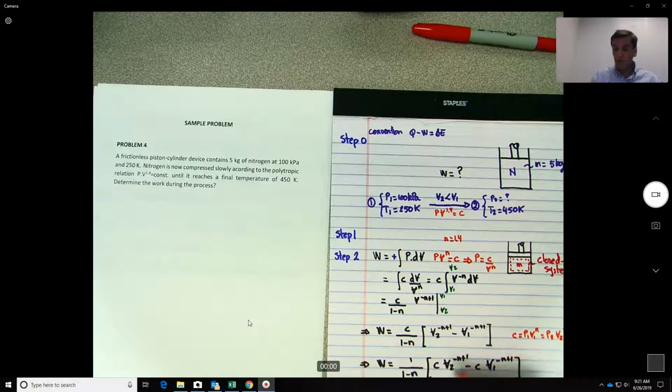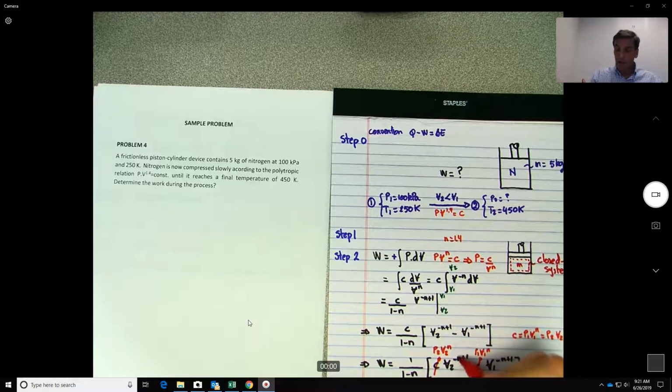So we substitute over here by P2 V2 to the n, and here by P1 V1 to the n. And here you can see that this minus n will cancel with this term over here, and this one with this one. You will get that the work equals 1 over 1 minus n times P2 V2 minus P1 V1. Okay?